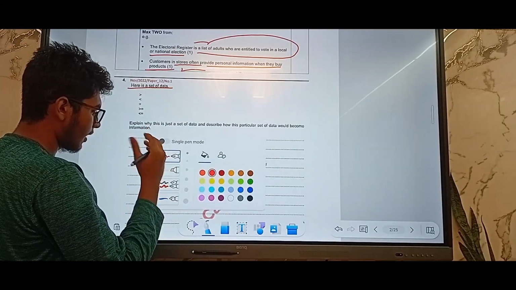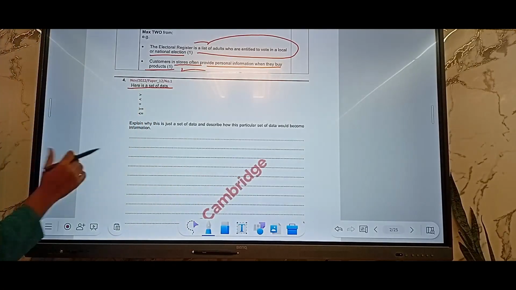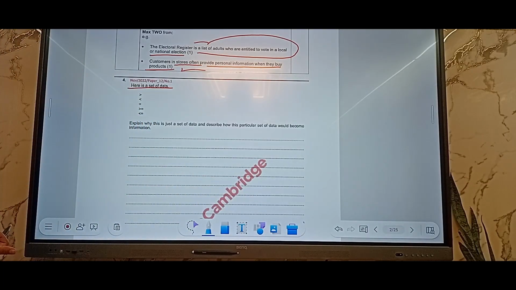Okay, so what I need to explain is why these symbols are just pieces of data and why they are not information, and how we can turn them into information.